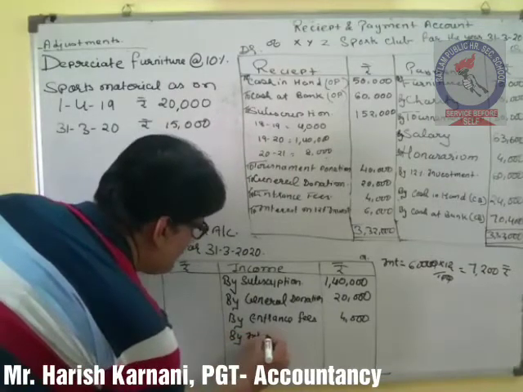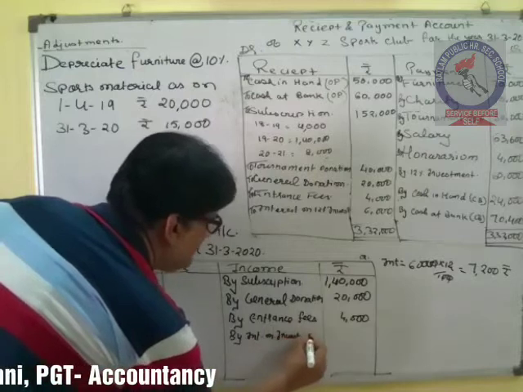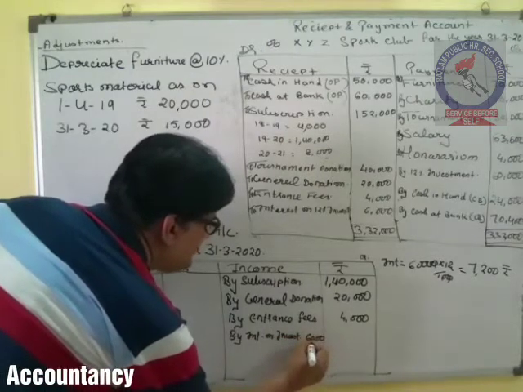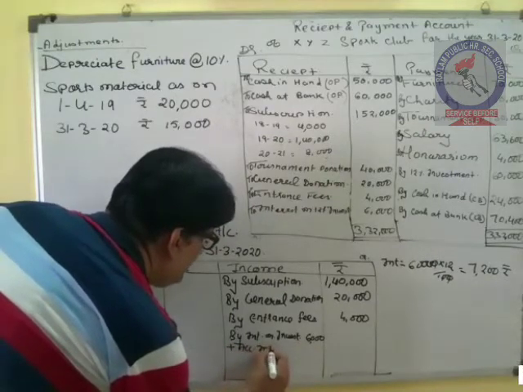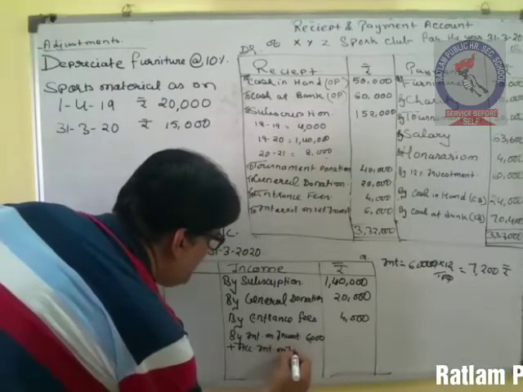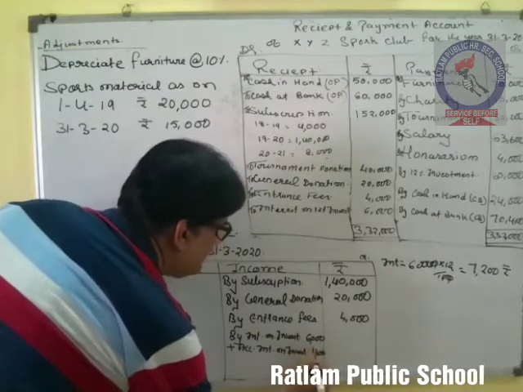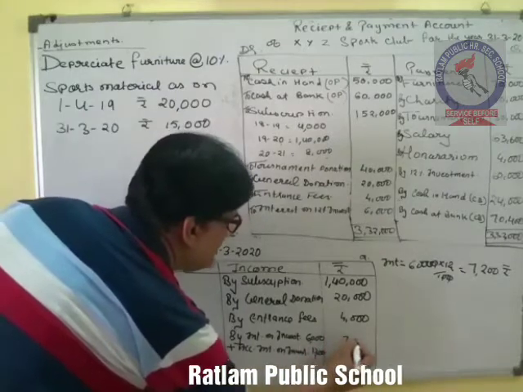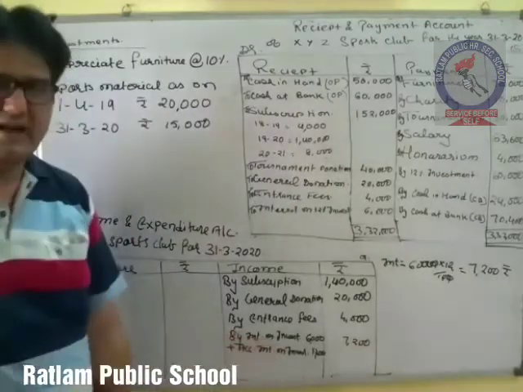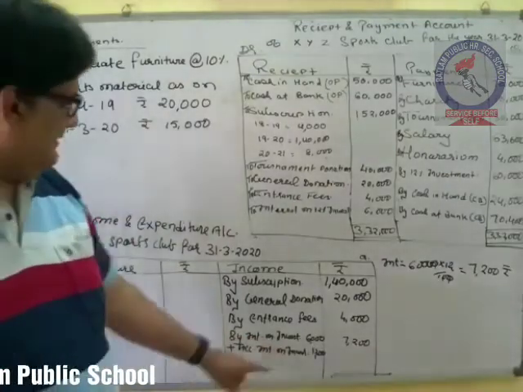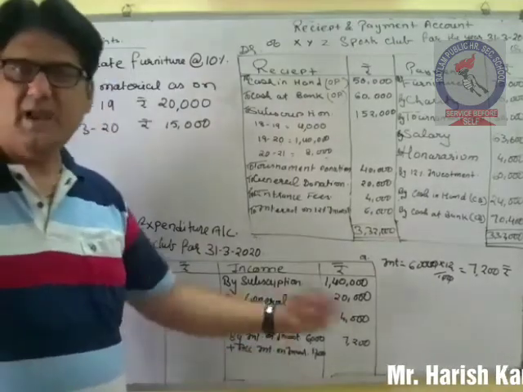So it will be by interest on investment, that is 6,000 rupees plus accrued interest on investment, that is 1,200. This will be recorded in the balance sheet also.